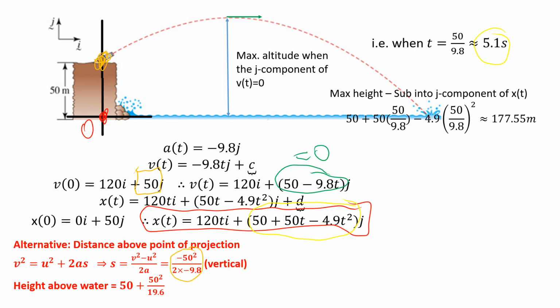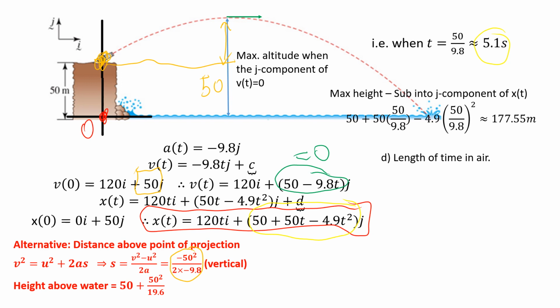It's not the vertical distance above sea level, it's this distance here. So it's the distance it's traveled above the point of projection, to which we then need to add 50 to get a final answer. So there's a little bit more work involved when using the formulas for constant acceleration.